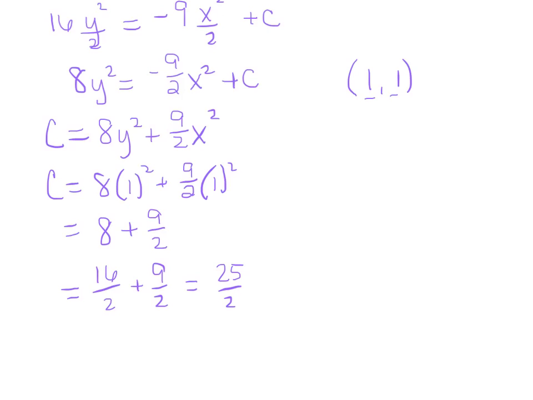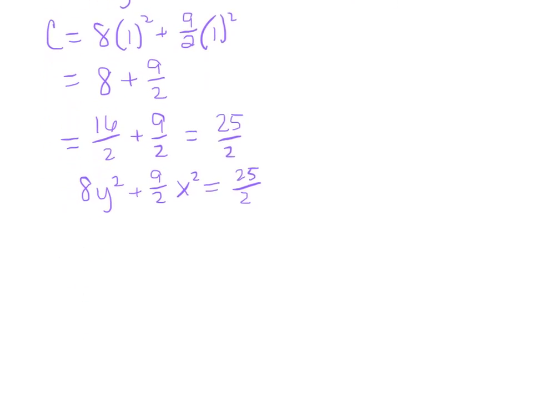So if I rewrite my equation, I have 8y squared plus 9 halves x squared equals 25 halves.